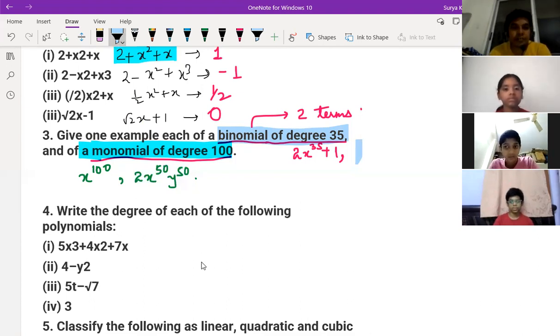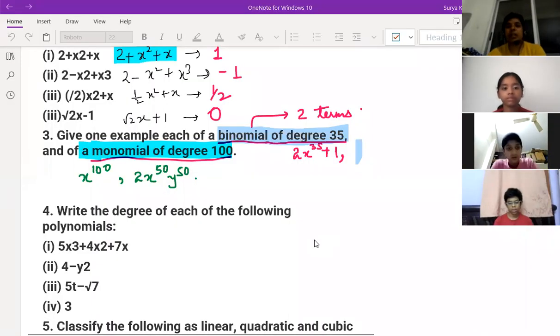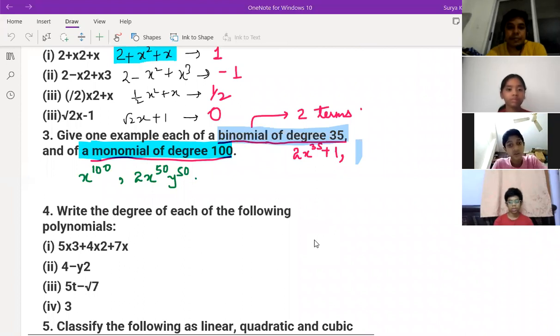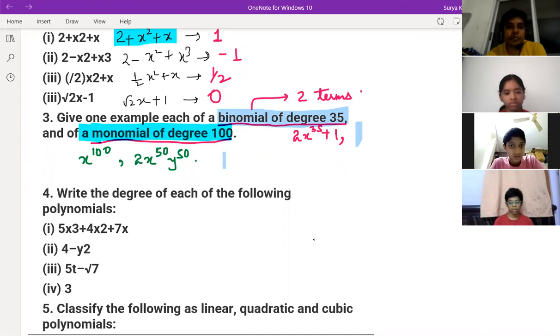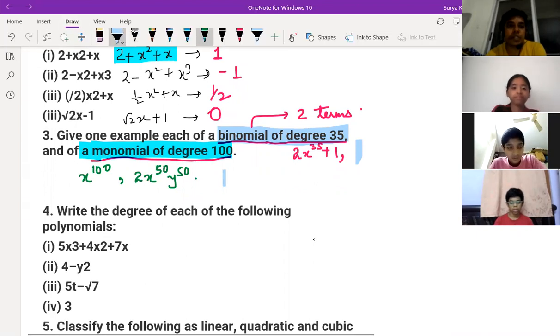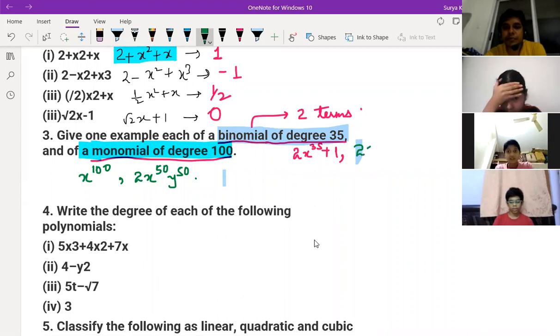What are you having? Sir, the screen share is off. Yeah, it was just not coming, that's why he removed it. Tell now. So it's 2 into x to the power 10 whole power 2, sir. What are you saying again? So 2 into x to the power 10 whole power 2, sir.